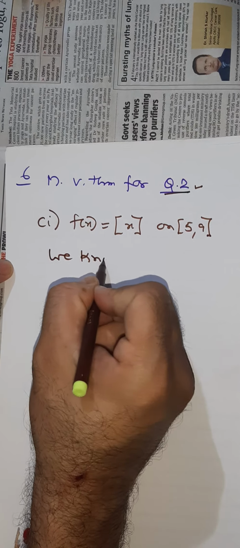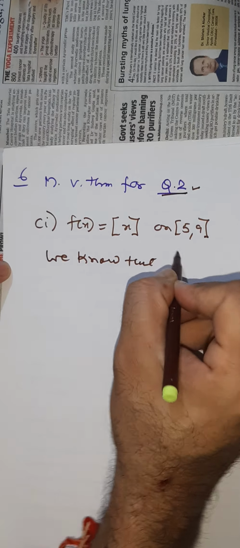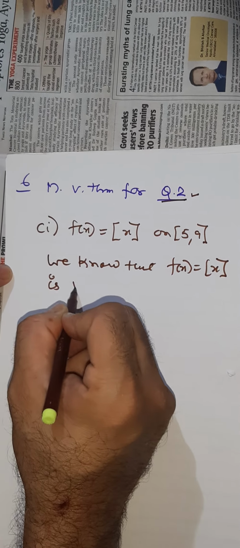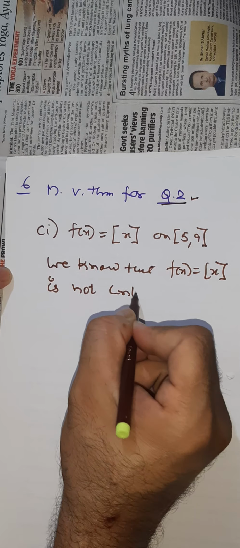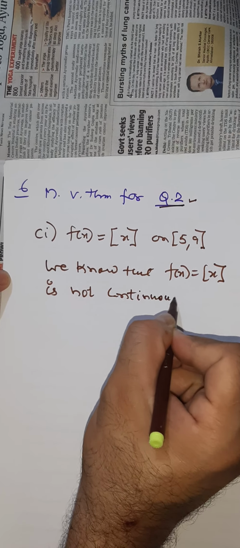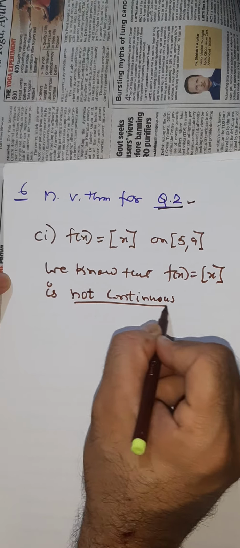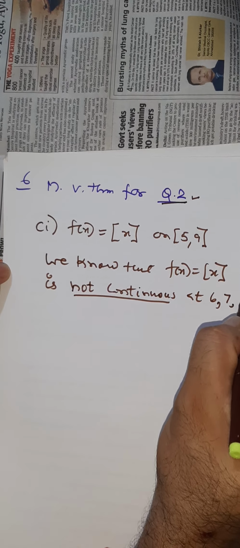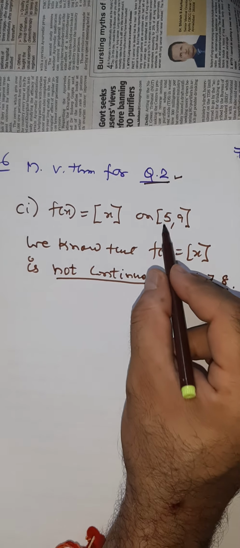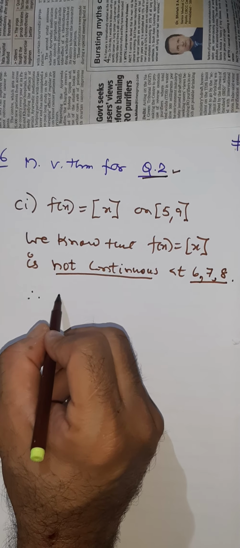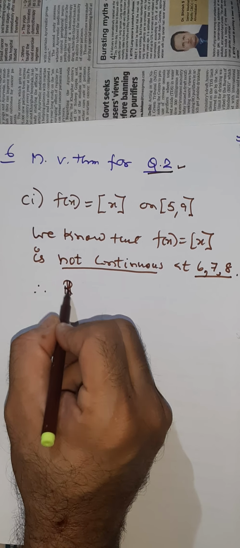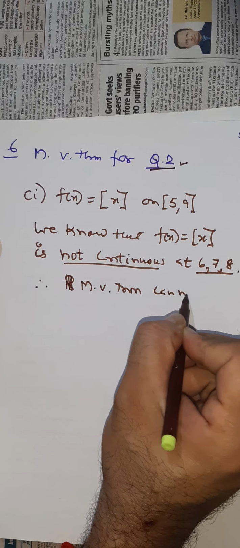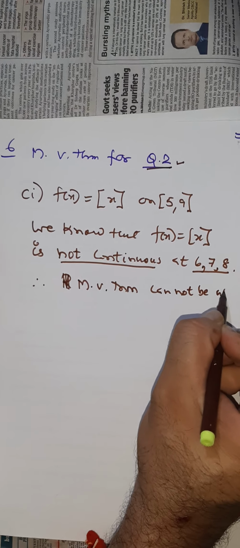We know that f x equals box of x is not continuous, not differentiable also, not continuous at every integer, that is 6, 7, 8. At every integer it fails to be continuous, and therefore mean value theorem cannot be used here.